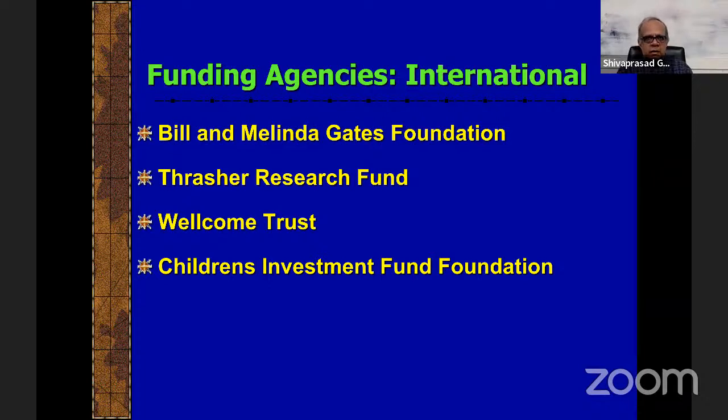Thrasher, another entity based in US, which of course primarily focuses on child health related research. Wellcome Trust from the UK and another foundation from UK, Children's Investment Fund Foundation. So these are some of the, and Merck for Mothers, I missed out on listing them.